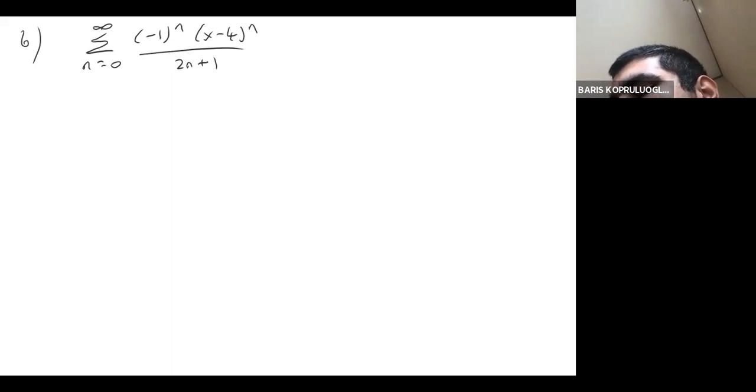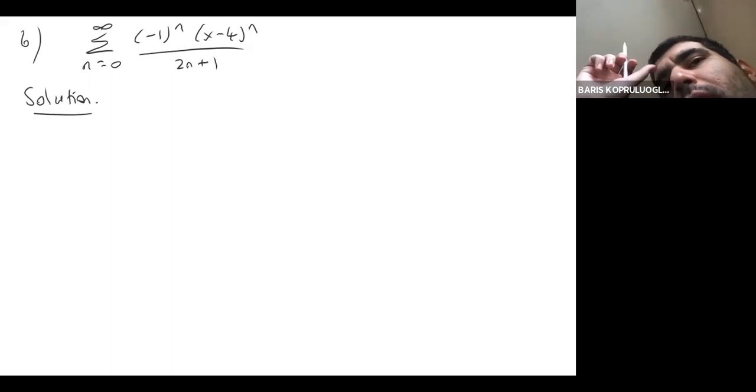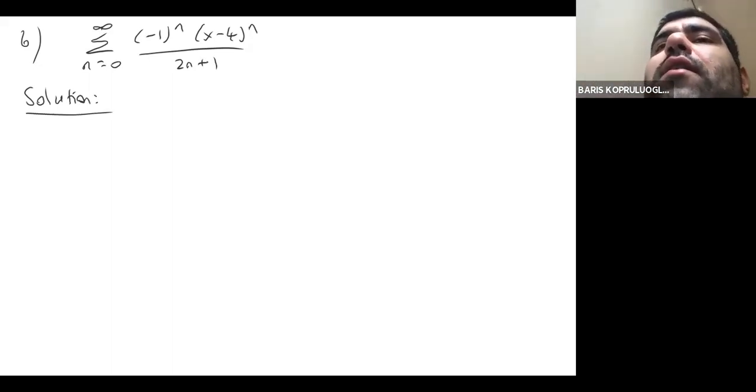If you get the absolute value of x minus 4 less than 1, which gives you the radius of convergence, you get 3 points. And then checking each endpoint is 1.5 points. So let me give more details in this problem, because this problem is a problem pretty much everybody attempted and most of you got partial credit.